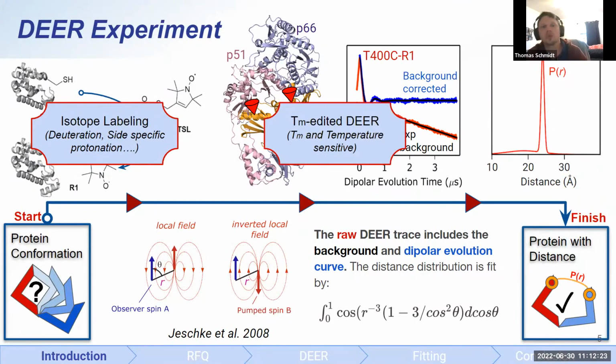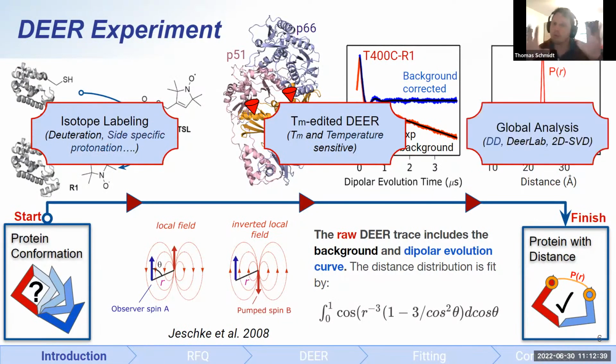Subsequently, we also use an effect. I don't want to say it's a full sequence, but it's an effect called TM-edited DEER, in which we follow a relaxation profile of distances under the influence of isotope labeling.